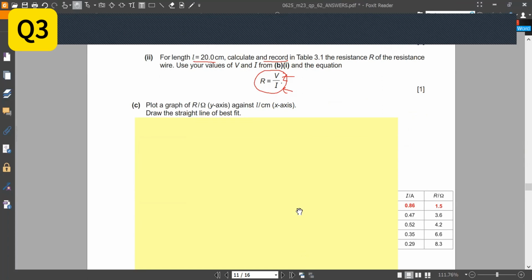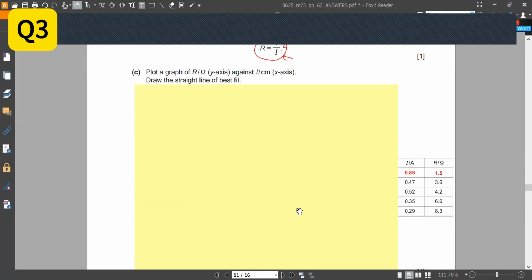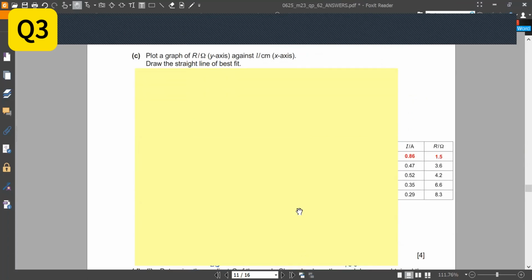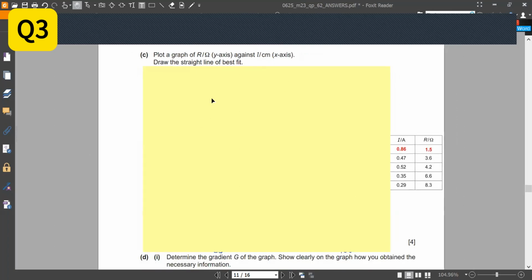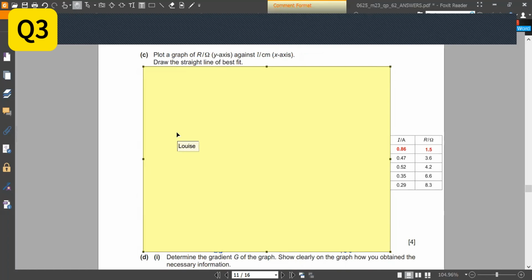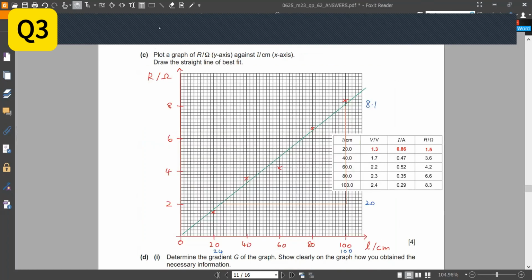And then next we can plot the graph. Resistance versus the length. So the points we need to pay attention to when plotting a graph. So first, we label the axes, with the units. Secondly, we will set up the scales for the y-axis and x-axis.